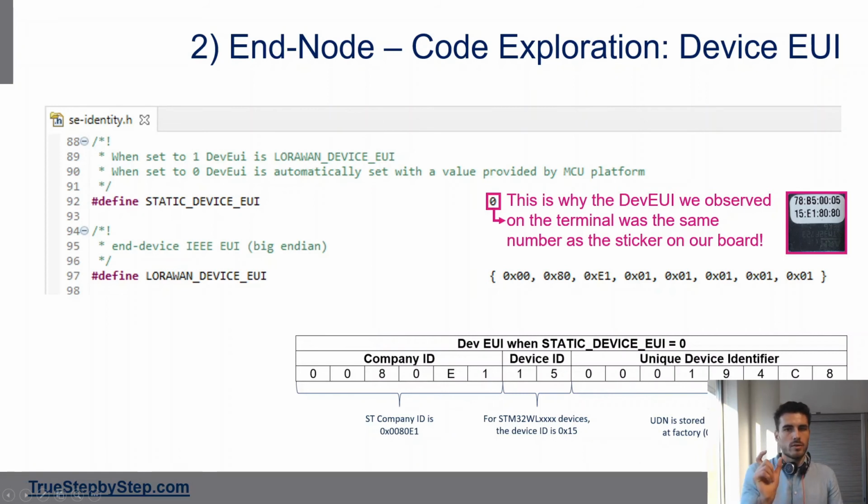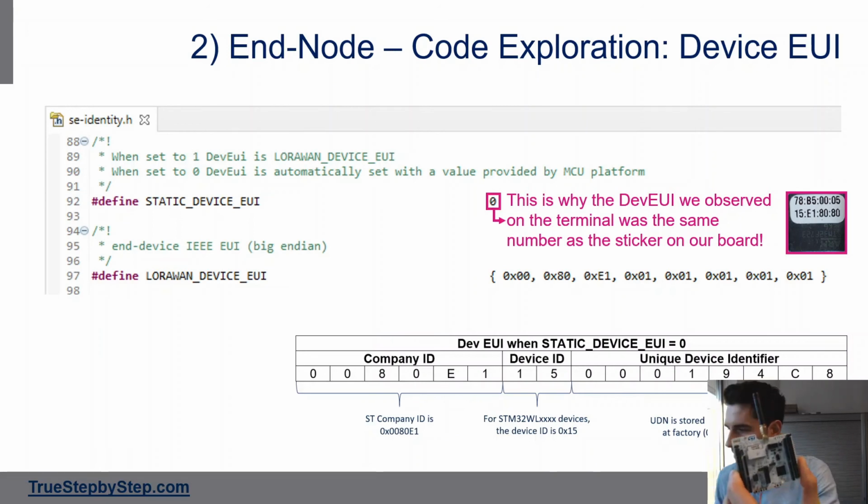They take this UDI, the unique device identifier, and put it with the device ID and the company ID, and that makes for a unique ID, which is actually what you have on your board.